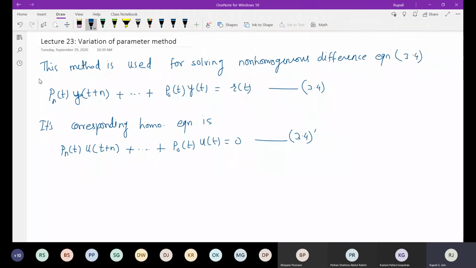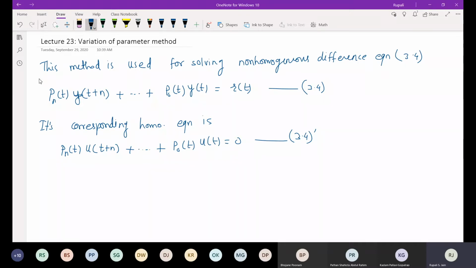So what we do here, consider its corresponding homogeneous equation, and since it is nth order, it will have n linearly independent solutions. Once we know these n linearly independent solutions, we want to find the solution of 3.4. We know how to solve the corresponding homogeneous equation with constant coefficients.